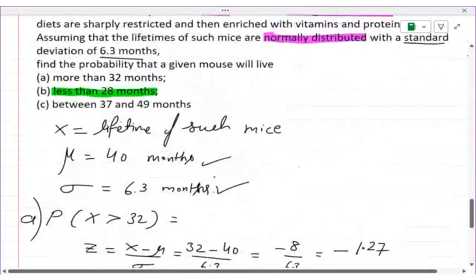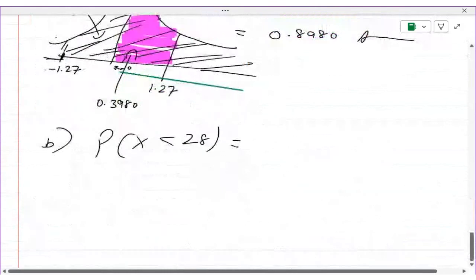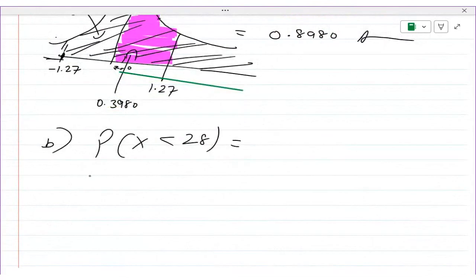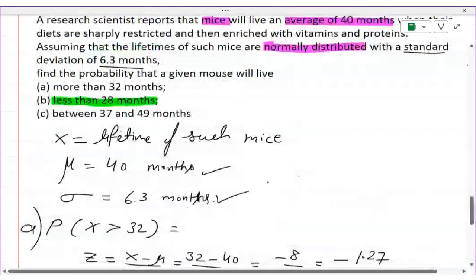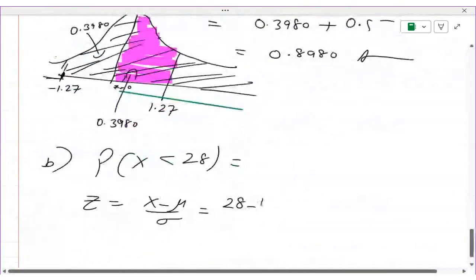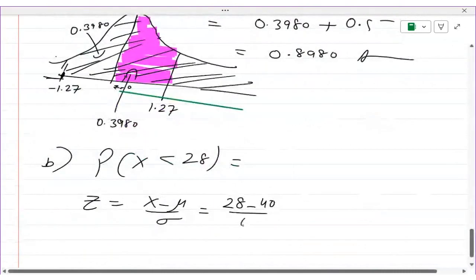First we have to convert this in terms of Z. So Z is equal to X minus mu divided by sigma. Now here we need to convert this 28. So 28 minus the mean, which was 40, divided by sigma, which was 6.3. So minus 12 divided by 6.3.